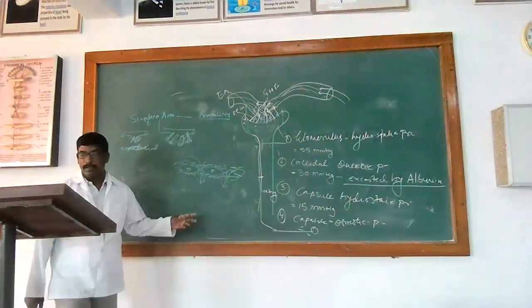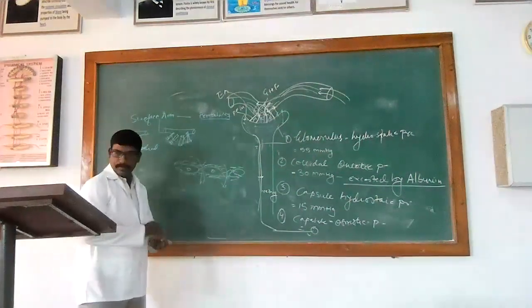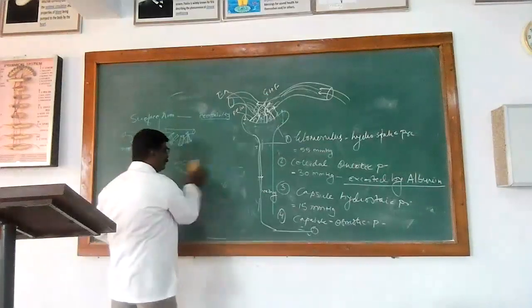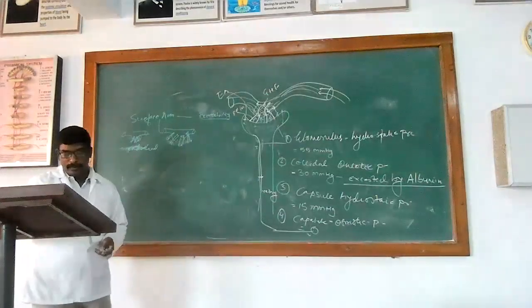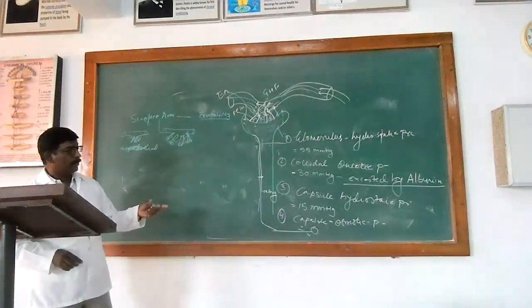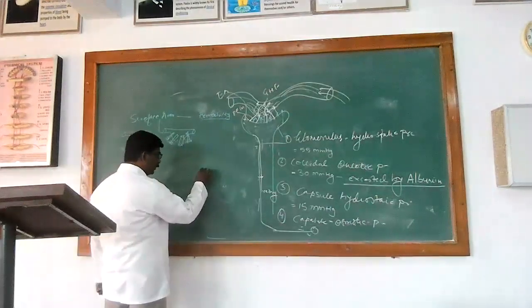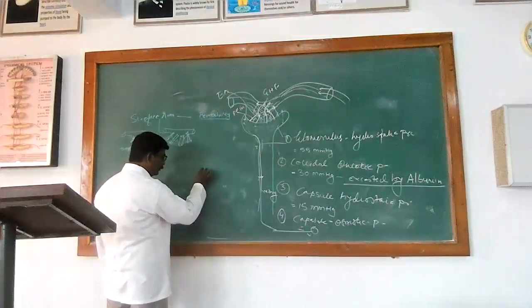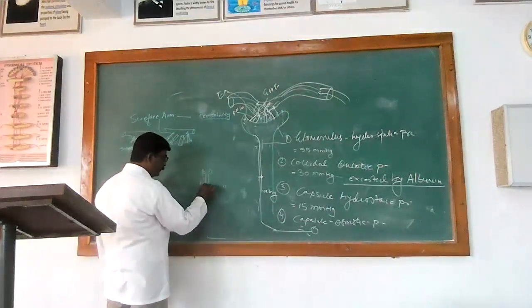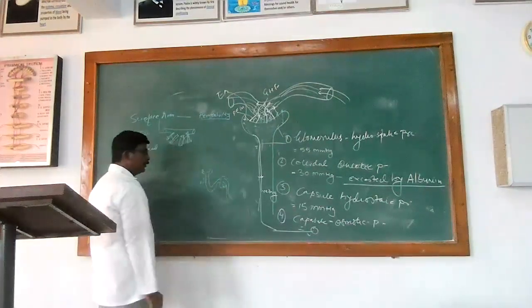Next is the capsular hydrostatic pressure. In renal calculus, it increases the capsular hydrostatic pressure. Here I will try to show you. Suppose here is the nephron, going to the nephron.